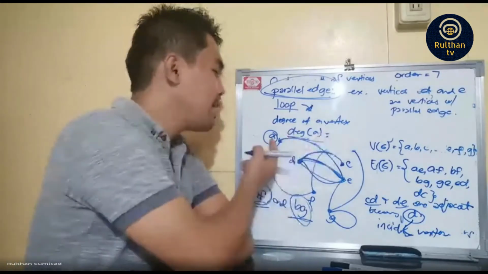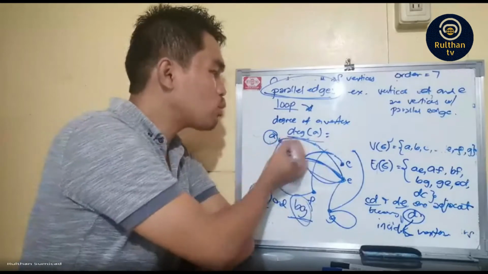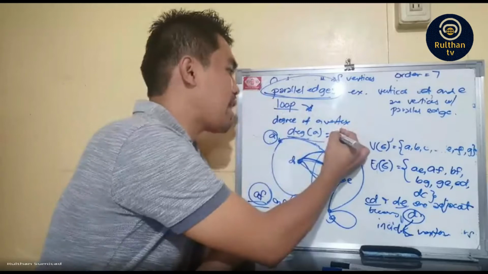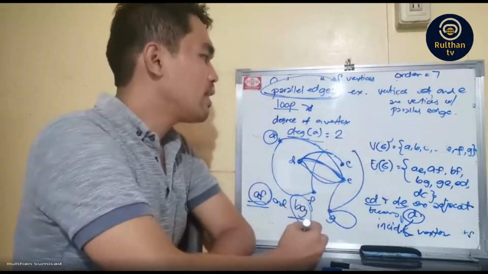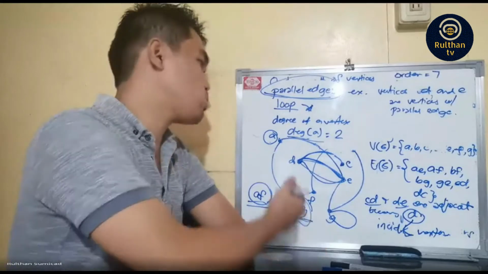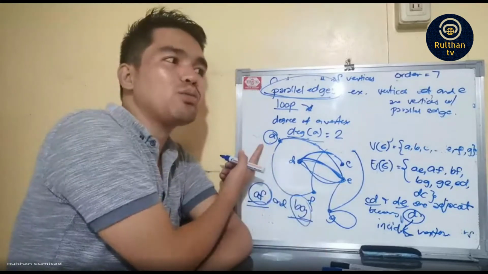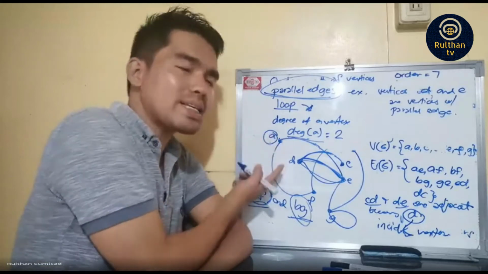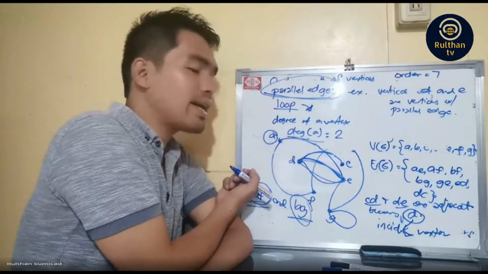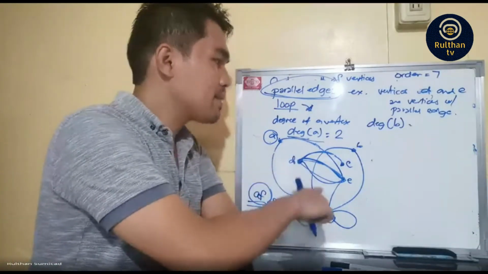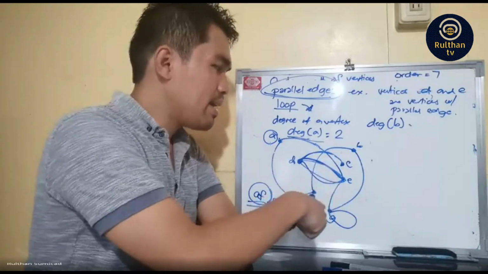Example A here. A here, there were two incident edges to A, so that means this is considered as 2. So deg A is 2. For there are two incident edges to A. In other words, there are two vertices connected to A. No, there are two edges connected to A. That's the degree of A. We only have edge BF and edge BG.